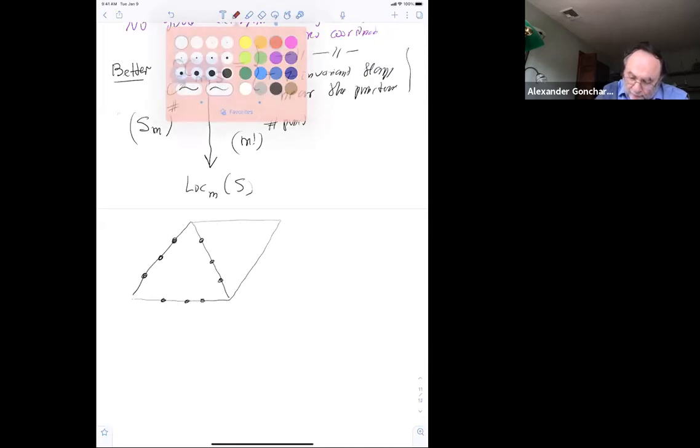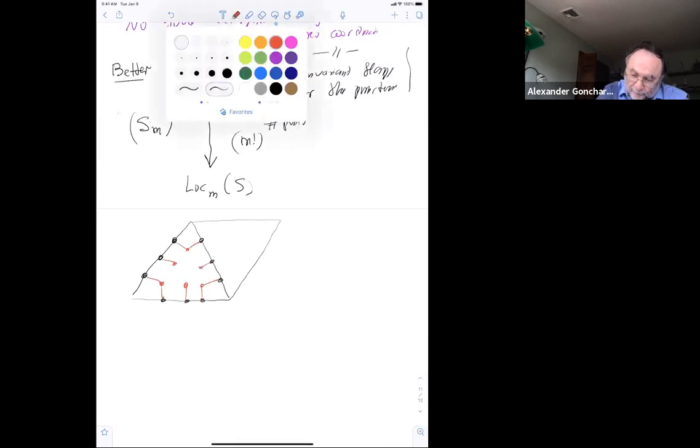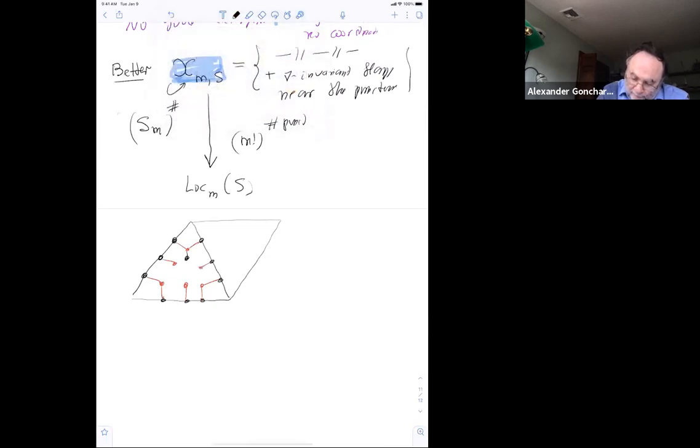Okay, so let me do it in red. And you do exactly the same thing for the second triangle.